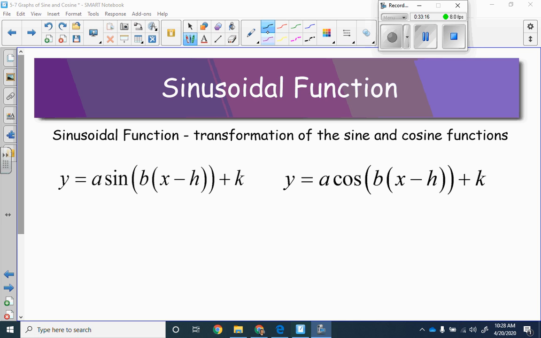The first thing that I'm going to start out with here is the value of A. If you think back to it, this is referring to your vertical stretch or compression.